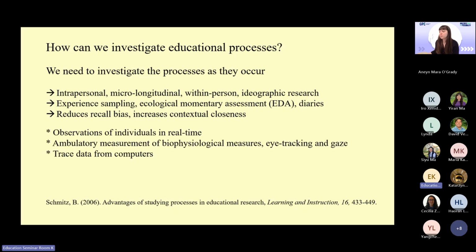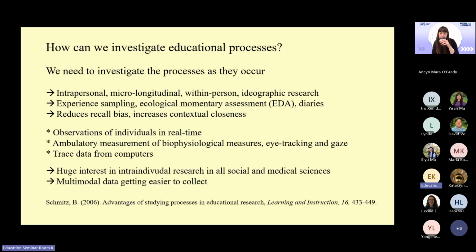So we observe individuals in real time, and we can also link this with ambulatory assessments. These are biophysiological measures that also occur in real time, like eye tracking or gaze. And we can also link this with trace data from computers that all have timestamp data. There's a huge interest in this type of research in all social and medical sciences.